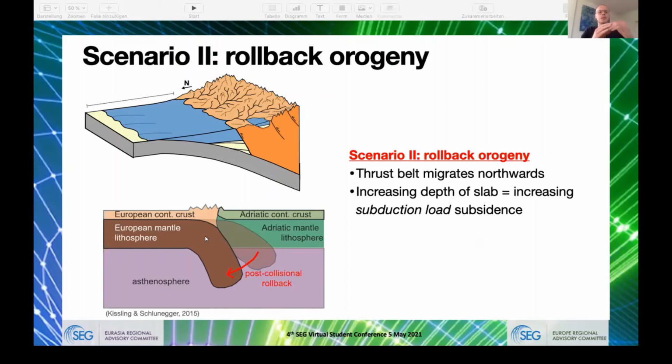And with increasing subduction load, we generate subsidence all over this whole Alpine region in the eastern part. So we are generating subsidence in the foreland and the wedge-top depozone. So far about stage 2 and this increase in subsidence.